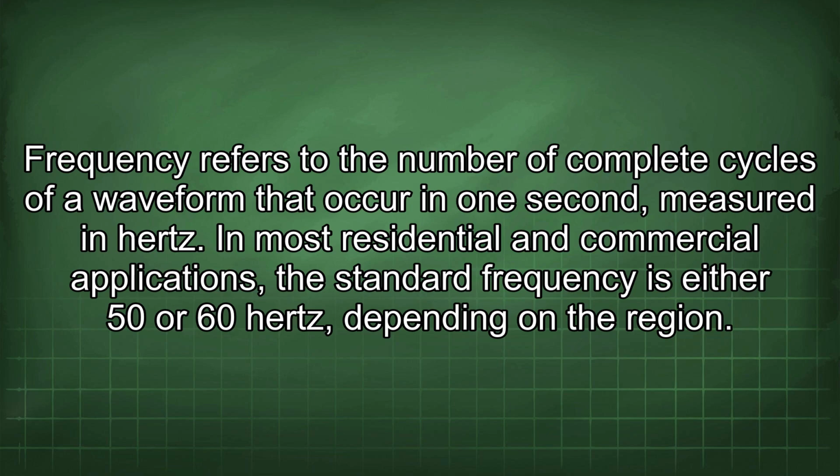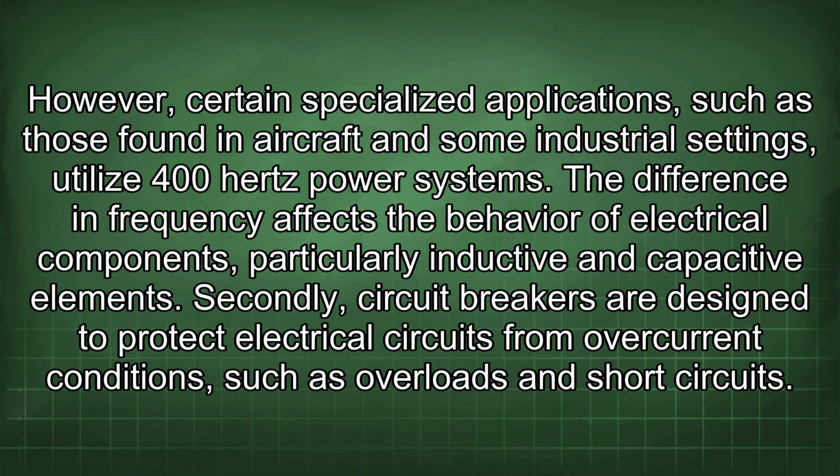In most residential and commercial applications, the standard frequency is either 50 or 60 Hz, depending on the region. However, certain specialized applications, such as those found in aircraft and some industrial settings, utilize 400 Hz power systems. The difference in frequency affects the behavior of electrical components, particularly inductive and capacitive elements.